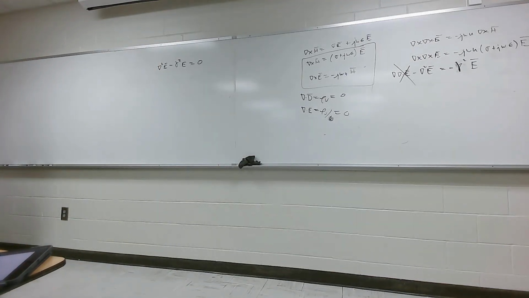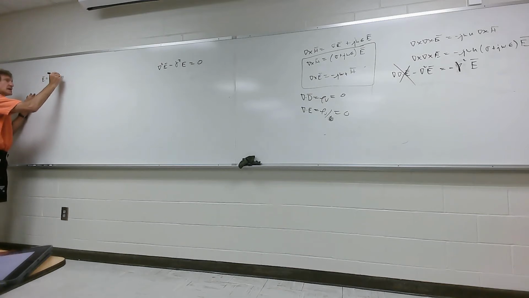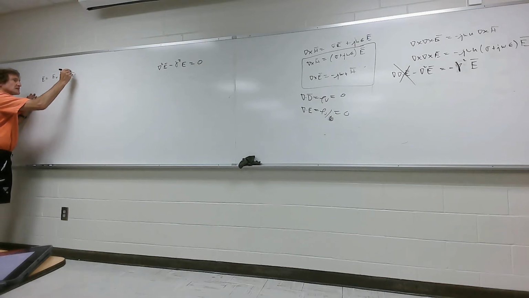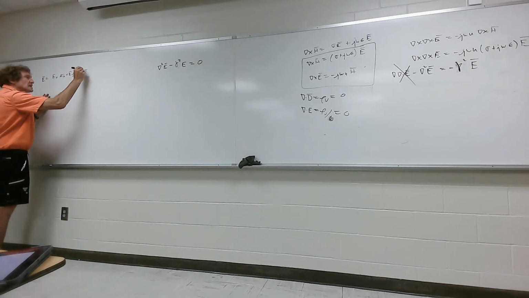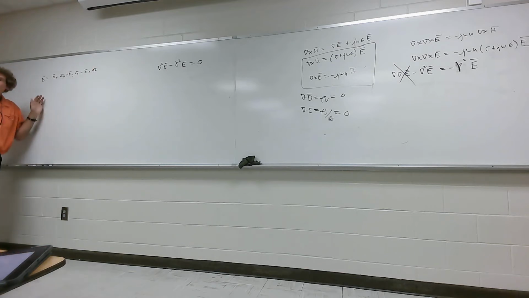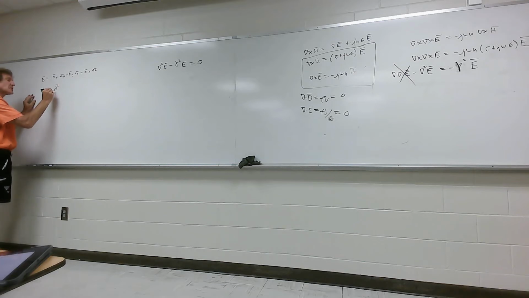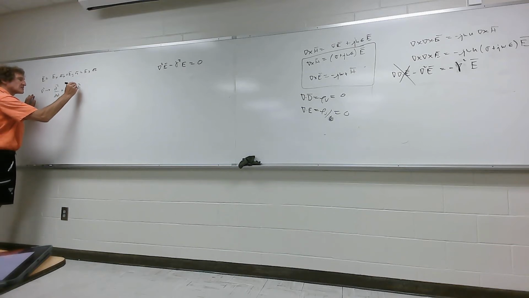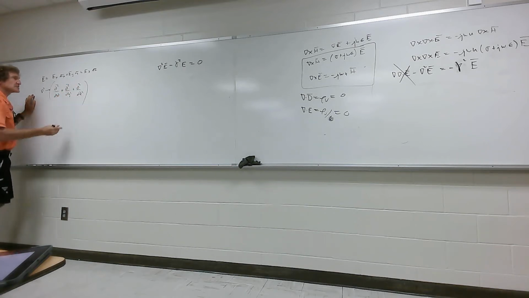Now herein lies a problem. In general, you don't need to write this down, just appreciate what I'm telling you. In general, the E field, for a general solution, would have some Ex ax, plus some Ey ay, plus some Ez az, if we're in Cartesian coordinates. Y'all understand? Generally speaking, there's three field quantities. When I take a look at this in the del squared operator, well, del squared of anything is second derivative with respect to x squared, plus second derivative with respect to y squared, plus second derivative with respect to z squared as the operator.